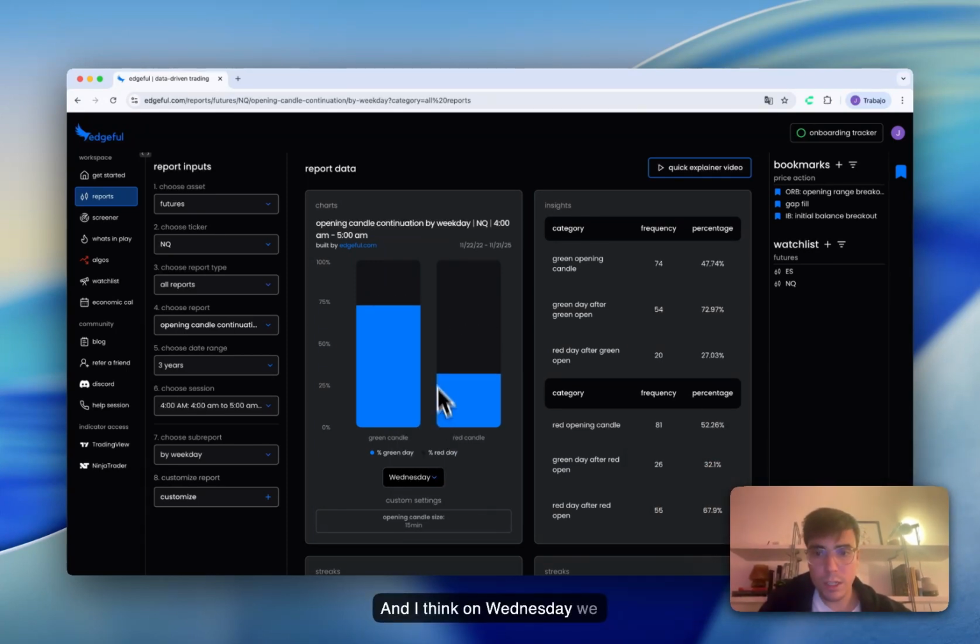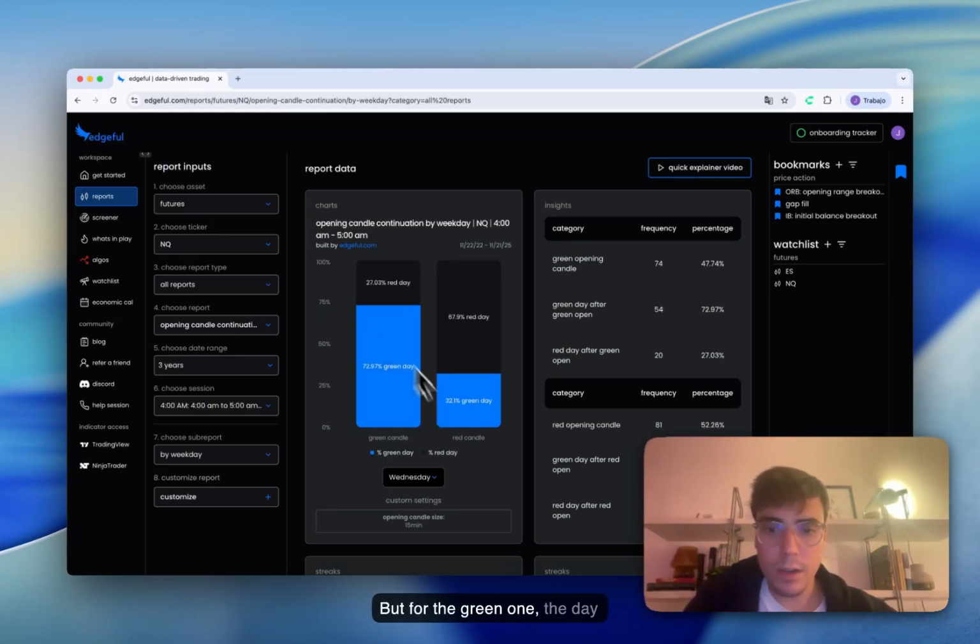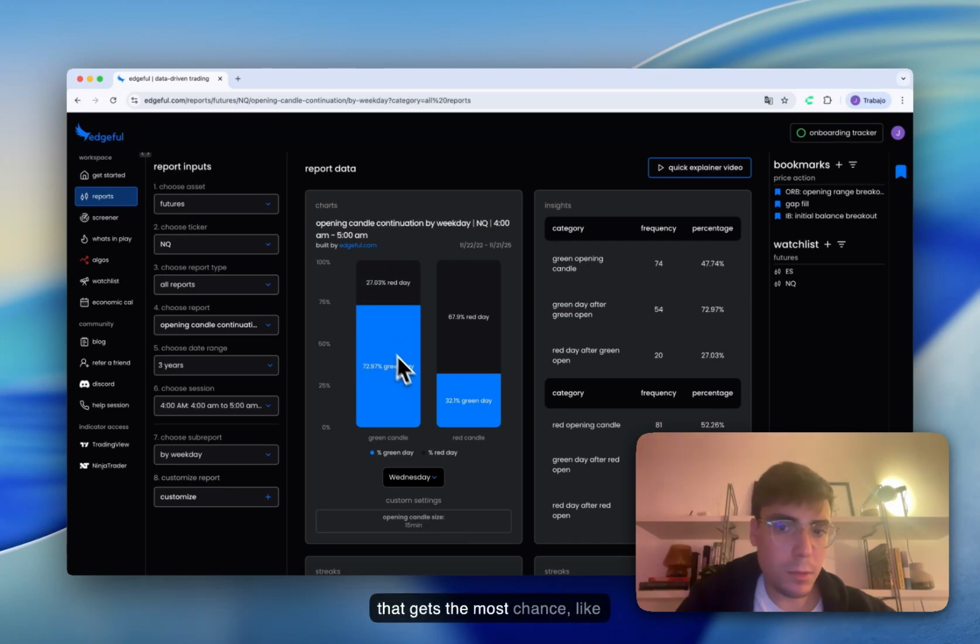And I think on Wednesday we have a higher one. We can check Tuesday, which is pretty much the same, but for the green one, the day that gets the highest chance to follow through the candle opening on the green side is going to be Wednesday.